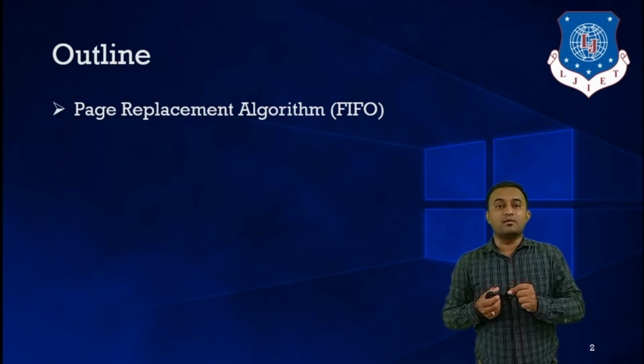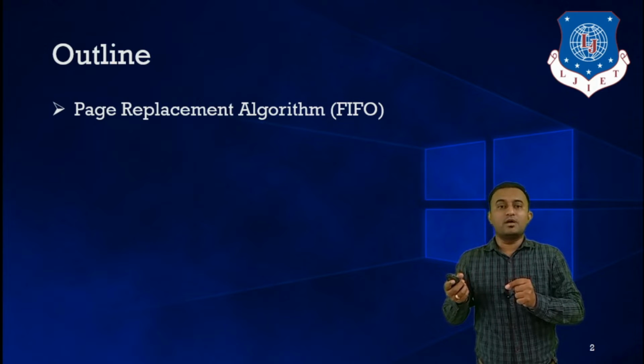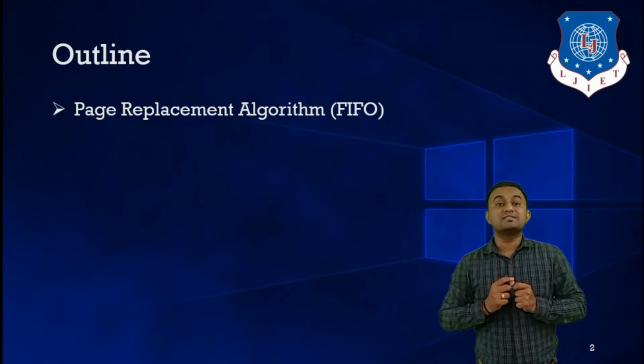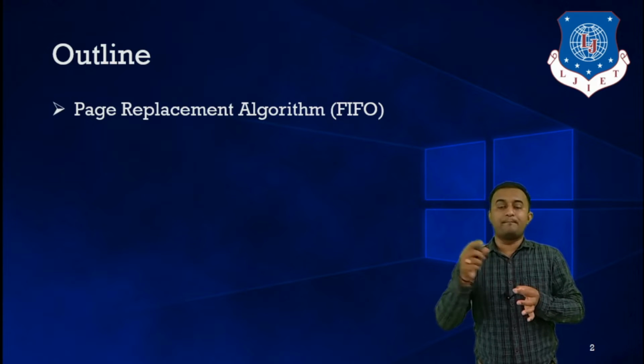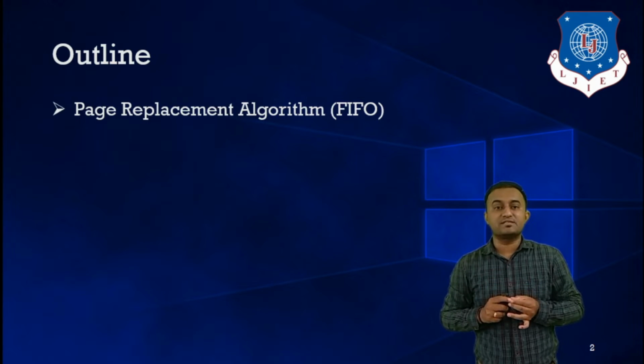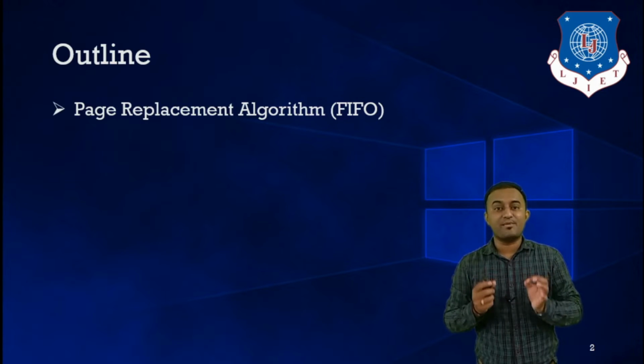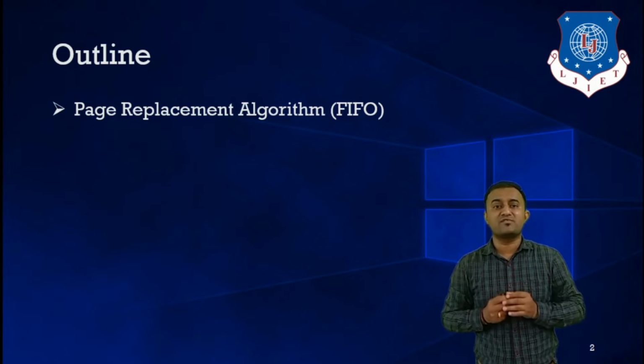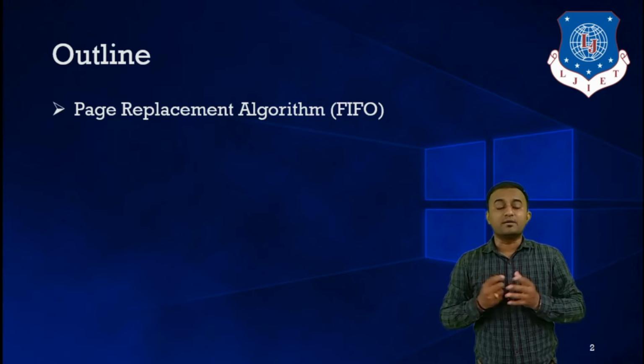Suppose main memory is already full, and the CPU requires one page from a particular process which is located in secondary memory right now. We cannot fetch that page and put it into main memory because main memory is already full. So what will happen if such a situation occurs? And this type of situation occurs frequently in memory management.